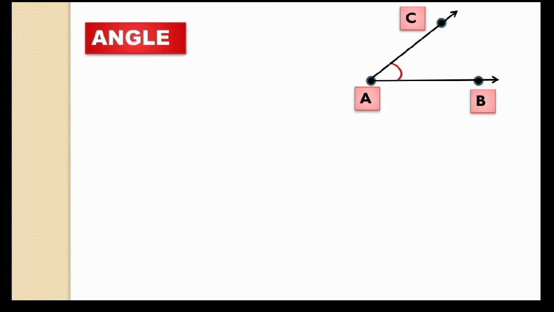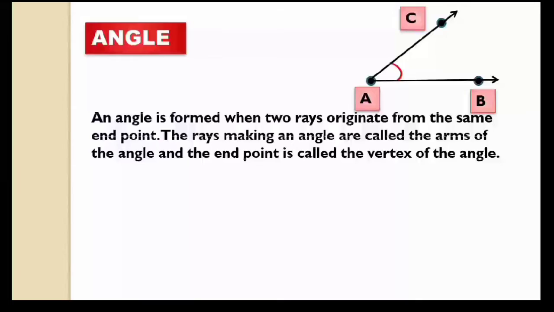Let's see what is an angle. Here you can see, students, two lines AB and AC are making an angle CAB. An angle is formed when two rays originate from the same endpoint.